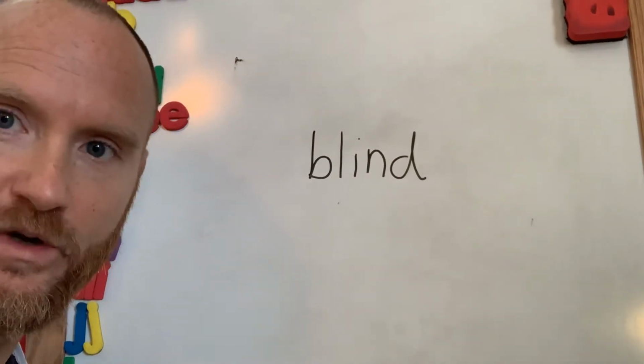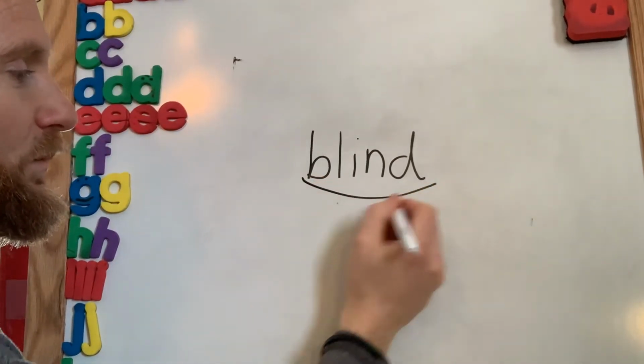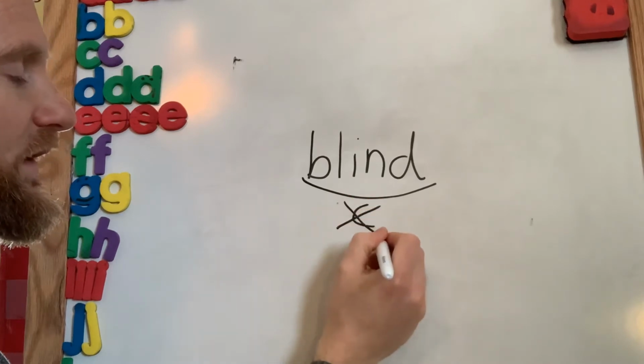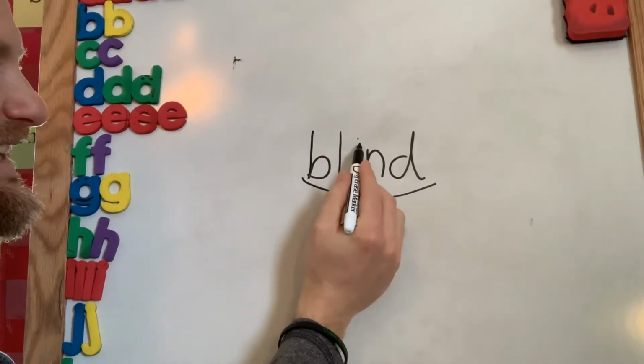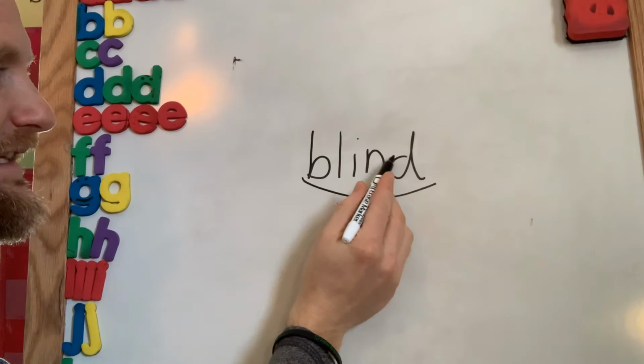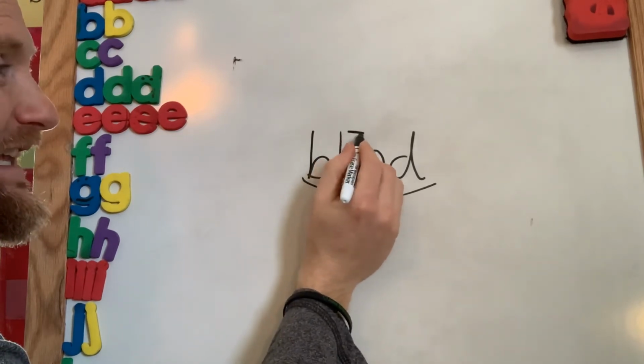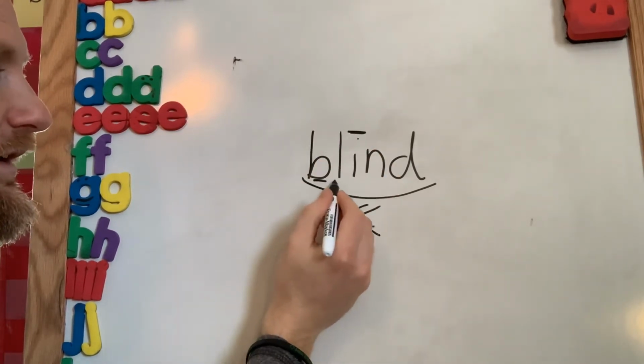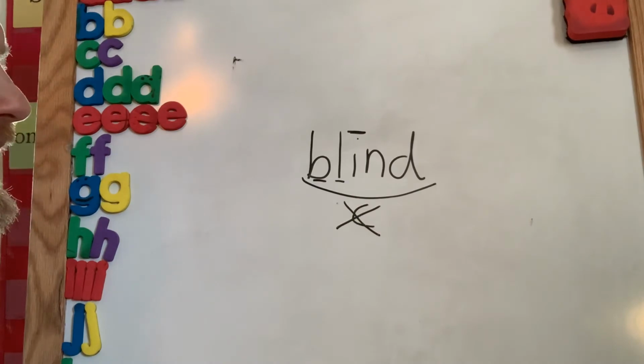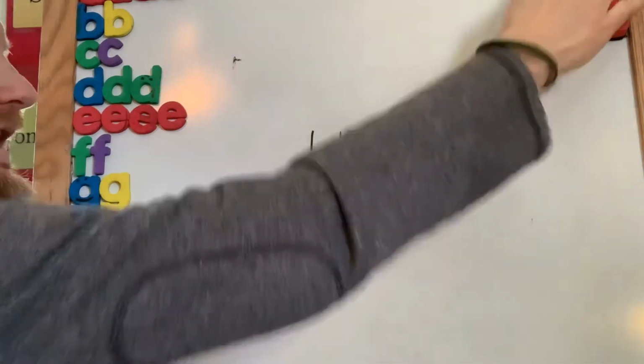Okay, were you right? Good. So remember, this would be a closed syllable exception, okay? Because even though that I is blocked in, it's closed in, it makes a long vowel sound in this word. And then here's our blend there, okay? IND makes the sound IND, okay?